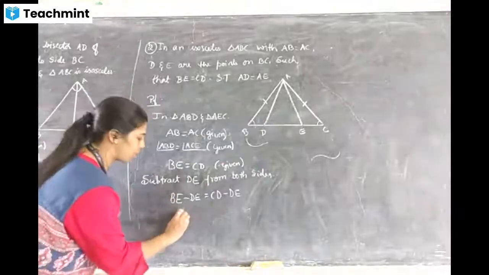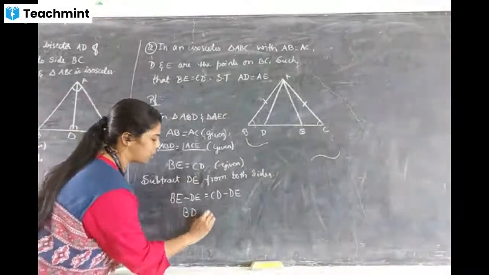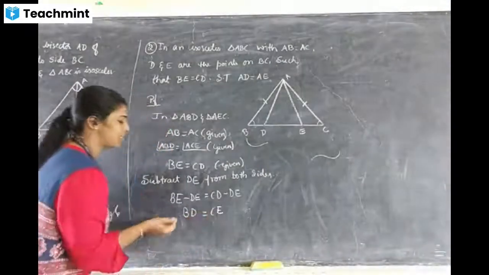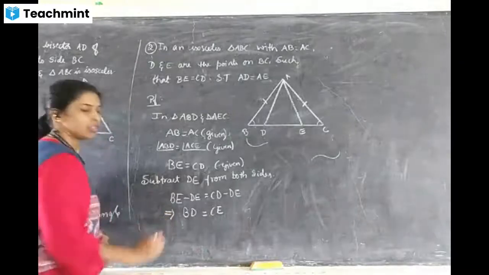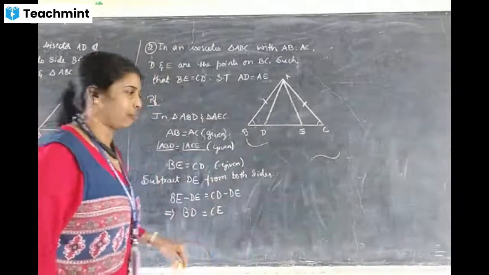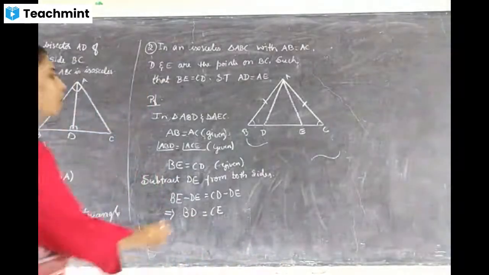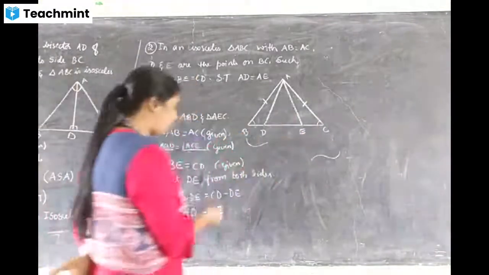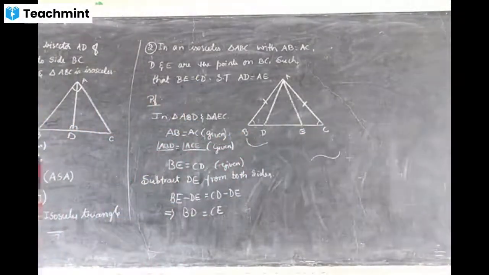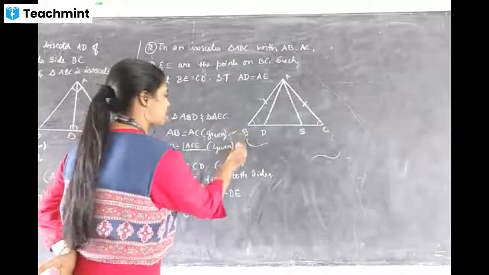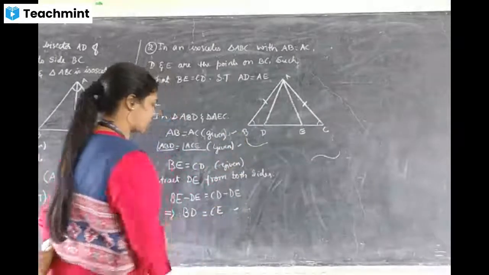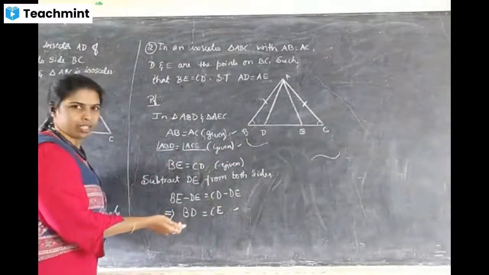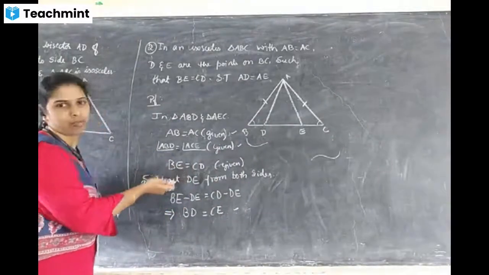So, BD is equal to CE. We got the third side also. So, finish. First one is this, second one is this, third one is this. But directly we cannot write here the third one, we must do some steps here.